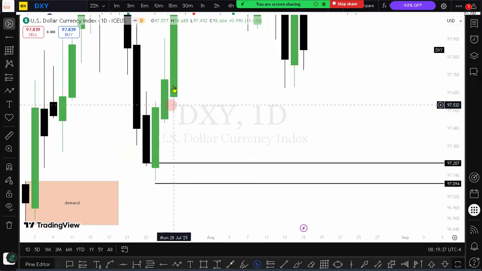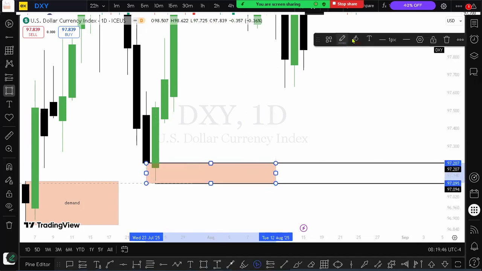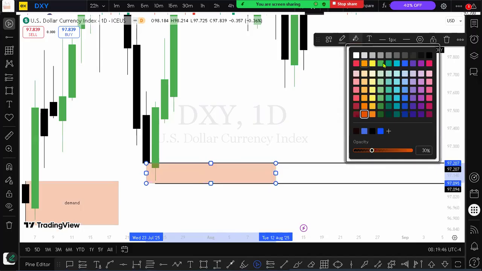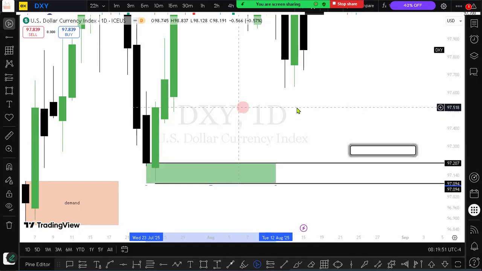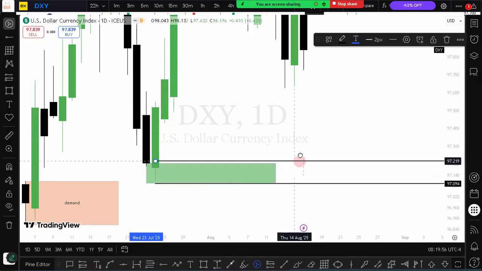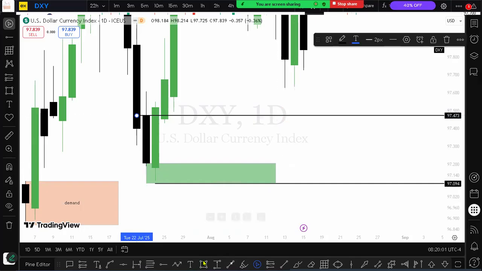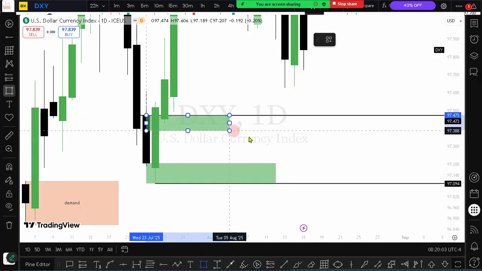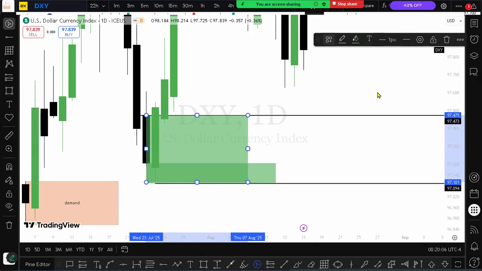So you can say we have a refined level down here, which you can give a green color. But I don't know if the imbalance is going to start down there. So I'll just have this as a level to watch, and this as my demand.